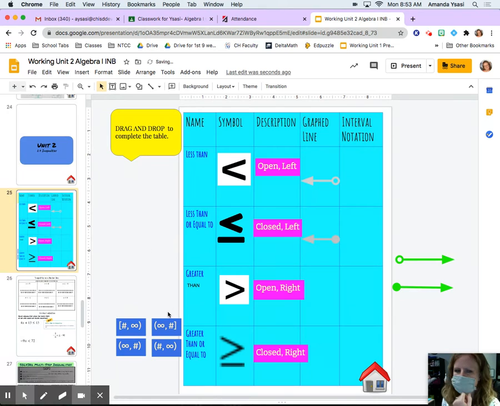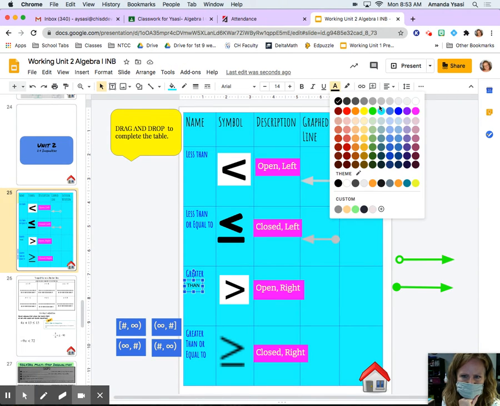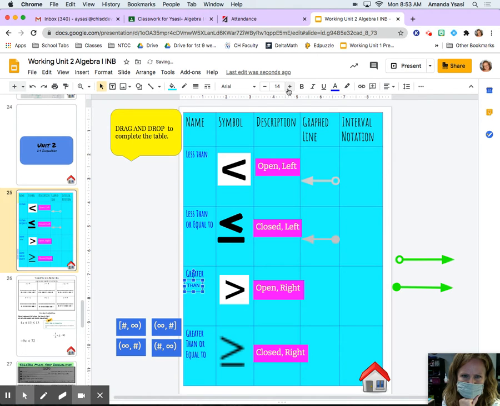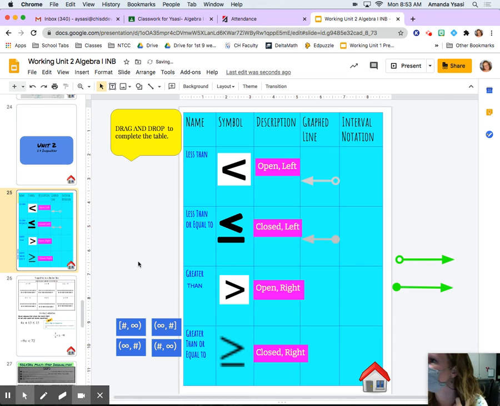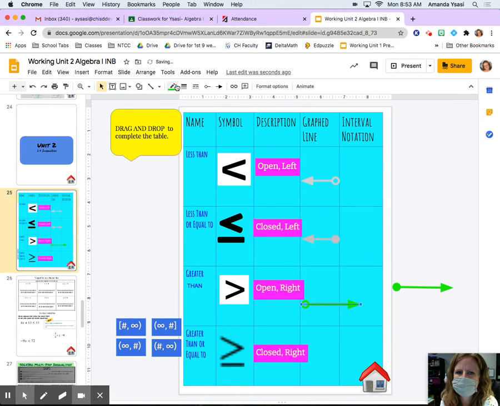So I fixed it. There we go. That looks better. All right, open and right for greater than. Pull this in. And then greater than or equal to is closed and right.